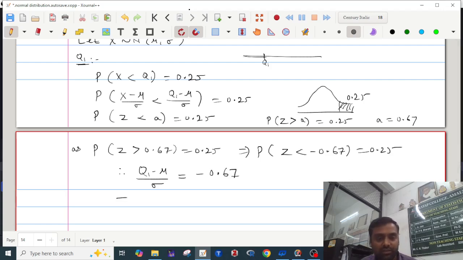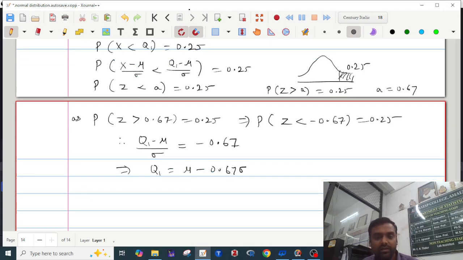If you solve this, you will get q1 equal to mu minus 0.67 sigma. Similarly, if you solve this for q3, you will get q3 equal to mu plus 0.67 sigma.